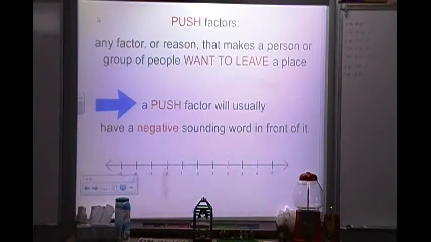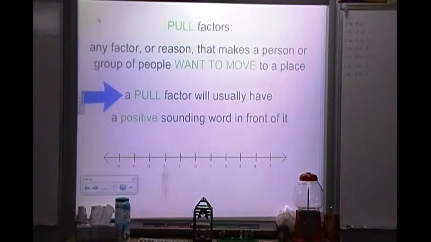No? Okay. So let's go to the other factor, which we probably already know what it is: pull factor. I even used the same exact wording for you. Any factor, which means reason, that makes a person or group want to move to a place. There's something really good about it.